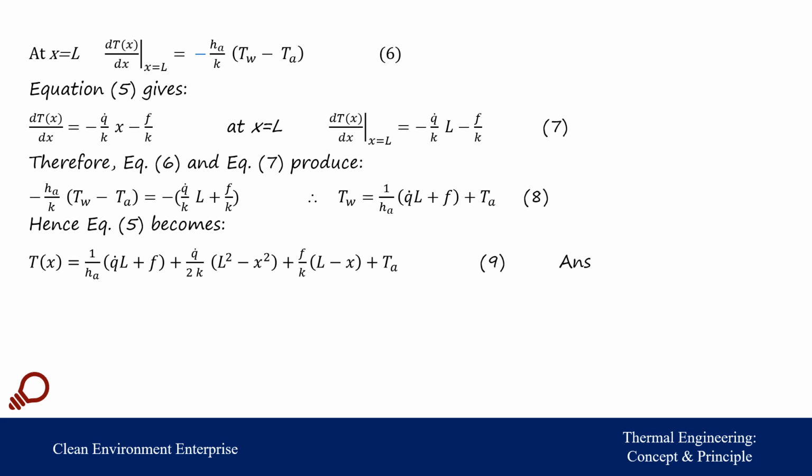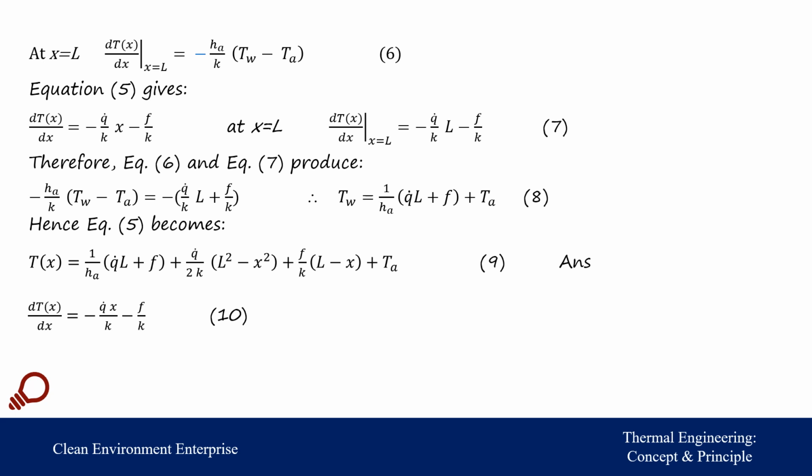T of x is represented by equation number 9, which represents the temperature distribution: 1 divided by h_A times (Q dot L plus F), plus Q dot divided by 2K times (L squared minus x squared), plus F divided by K times (L minus x), plus T_A, which gives the final expression for the solution of this exercise.